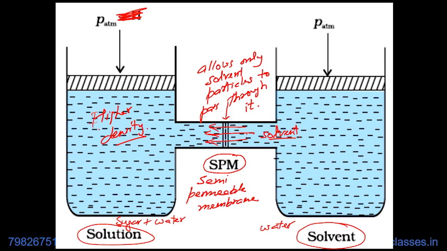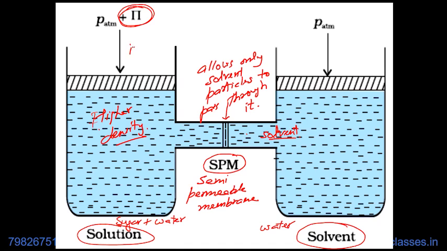Now, if we apply excess pressure, pi, on the left chamber, and that pressure is exactly when the movement of the solvent to the left chamber stops.